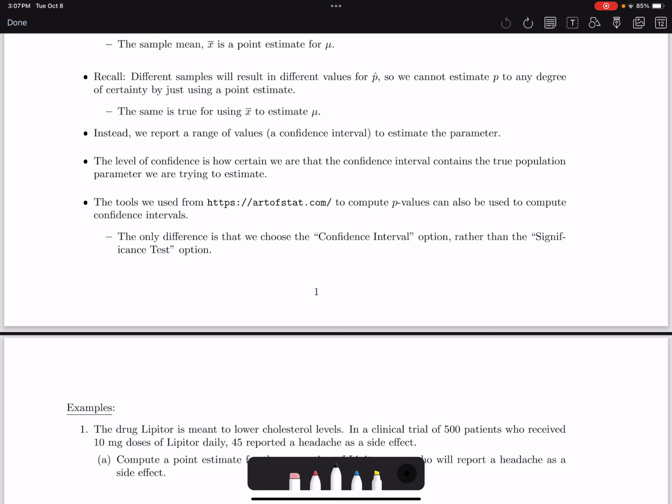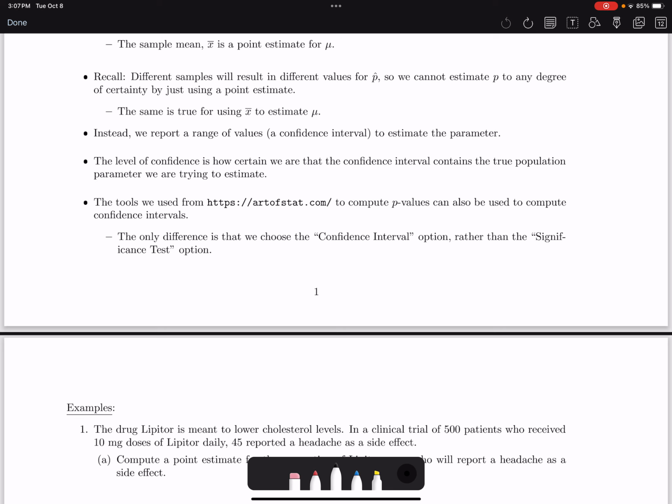So for example, if we got a sample proportion of 25%, and we want to estimate what the population proportion is, we could not say that the population proportion is 25%. What we might say is that the population proportion is 25%, give or take 1%, right? And so our confidence interval would be 24% to 26%. So that's the idea here.